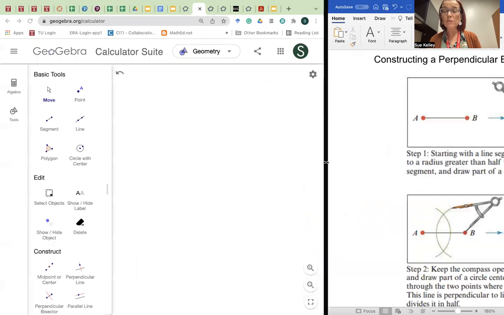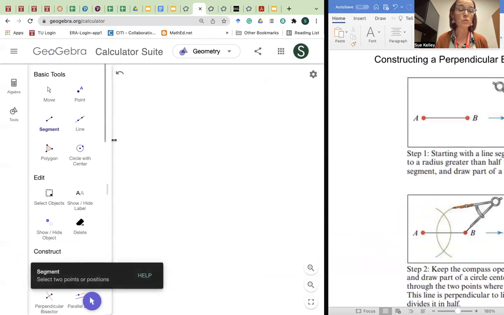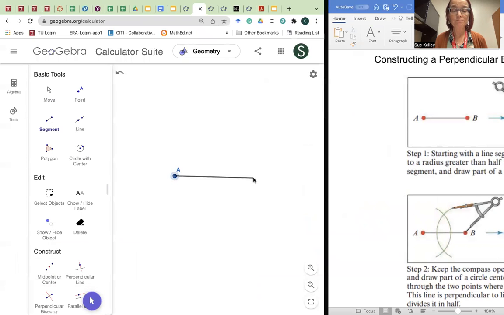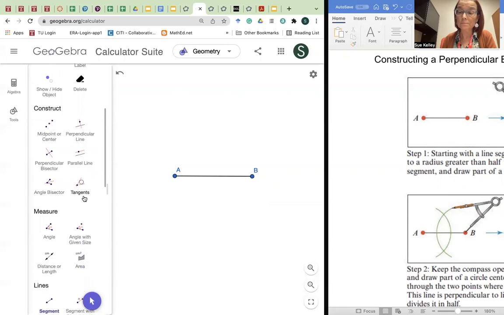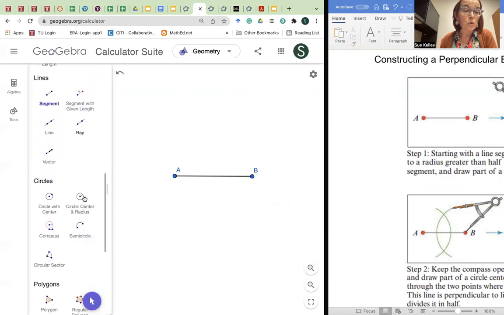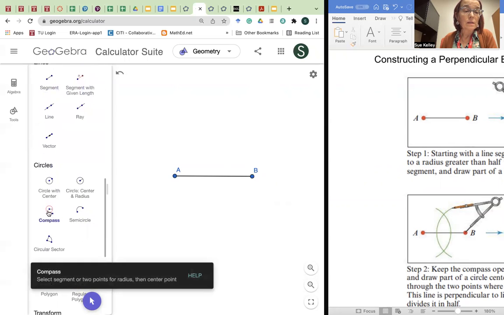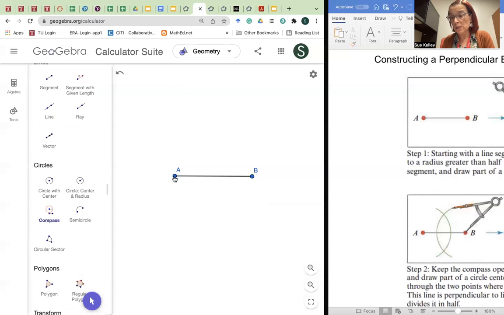So the first thing I'm going to do is click over here on my segment tool in GeoGebra, and I'm going to draw a line segment. Doesn't matter how long it is, it's a line segment. So the next thing I'm going to do is go down to my compass tool, and I'm going to draw a circle. And in your instructions, it just tells you to draw part of a circle, but with GeoGebra, we have to draw a whole circle.